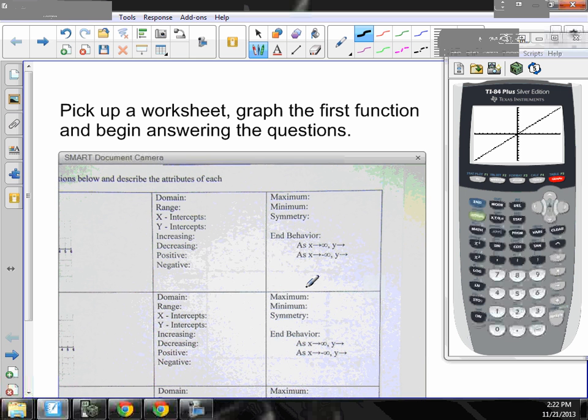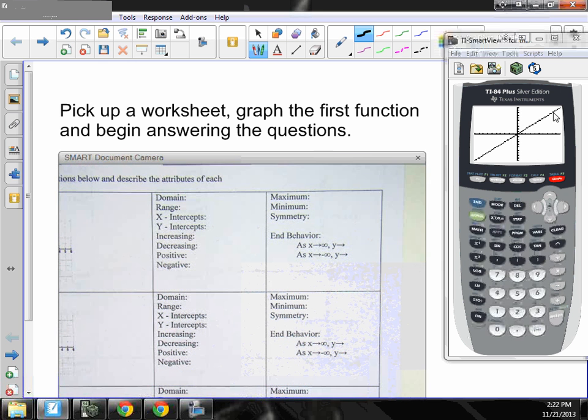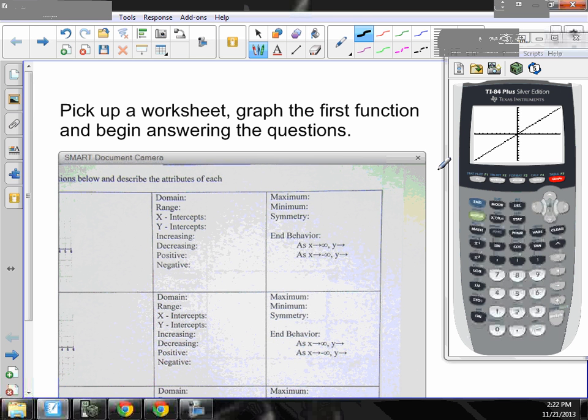And symmetry. Does this graph have symmetry? Yeah, it has symmetry if we folded it right here. If we folded it along this line, it would also be symmetric. I don't know how technical we want to get, so let's just say yes or no. Because there are different ways to describe symmetry, and it gets kind of complicated, so we're just going to say yes or no. End behavior.